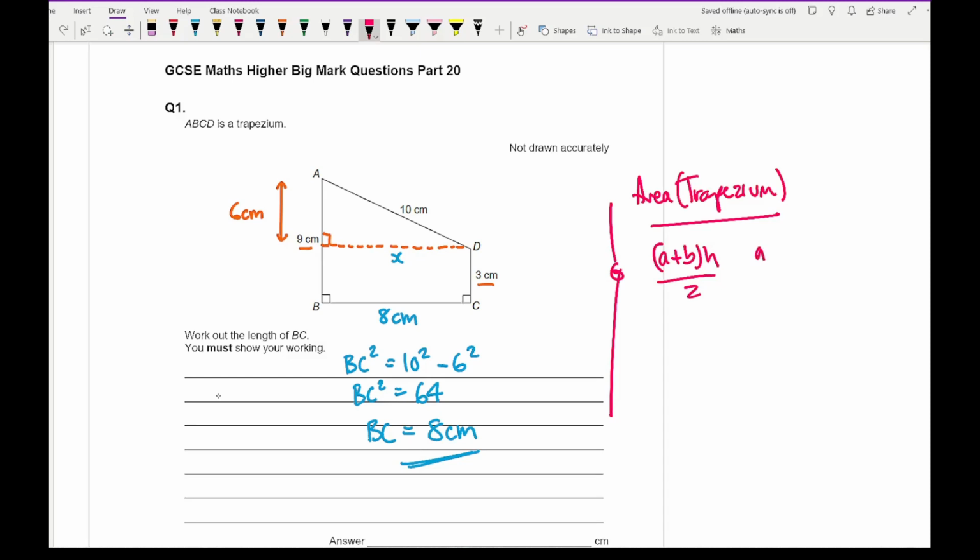So here A equals 3, B equals 9 and H equals 8. Substituting those numbers in, I get 3 plus 9 multiplied by 8 divided by 2 equals the area. From this I can change that to a 4. 3 plus 9 is 12, so it's 12 times 4, so the area would be 48 centimeters squared.